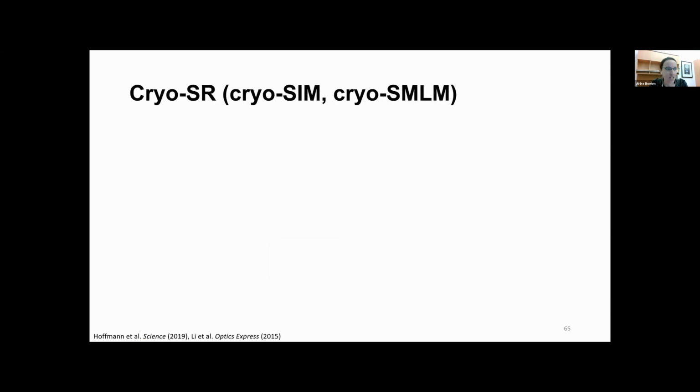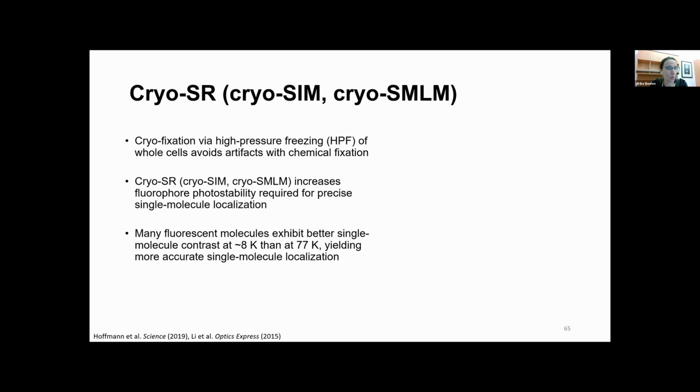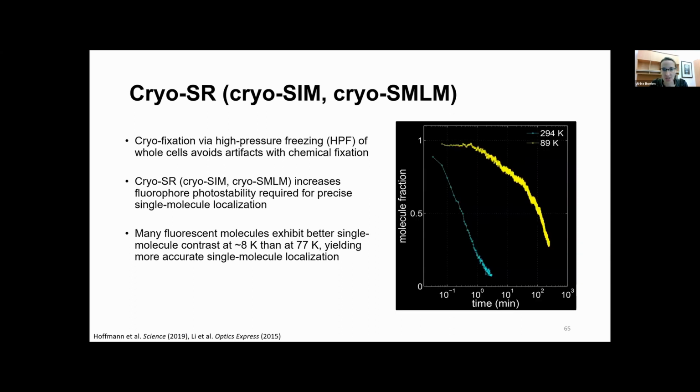That has a very big advantage, because when you do measurements under cryo conditions, first of all, you freeze the samples, so the sample's integrity is still intact. Furthermore, under cryo conditions you are able to collect way more photons, because the samples don't photobleach that strongly.